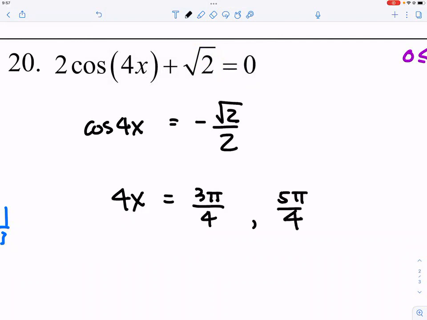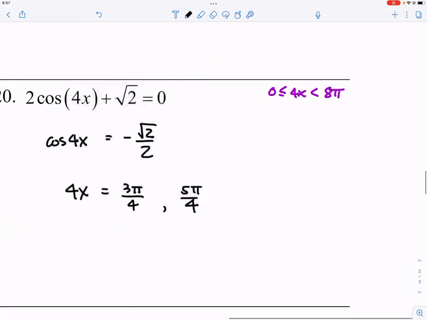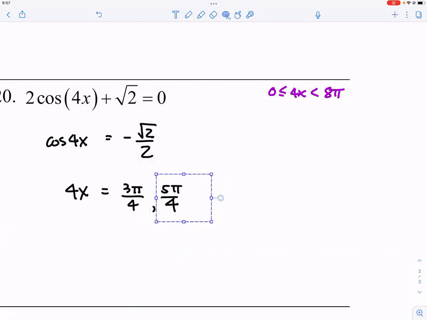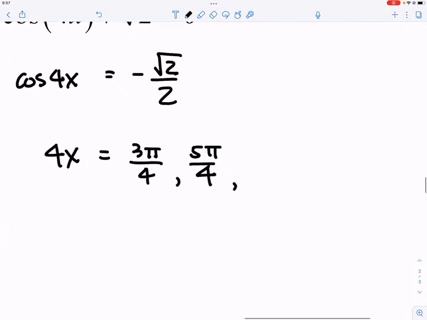Now that's just for the first cycle, first revolution. But you have to go up to 8 pi. So let me squeeze a little bit of space so that I have more space to add on to this, to make your list a lot easier.